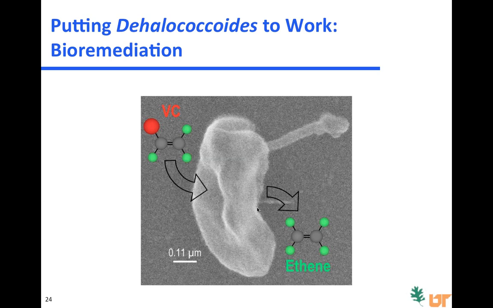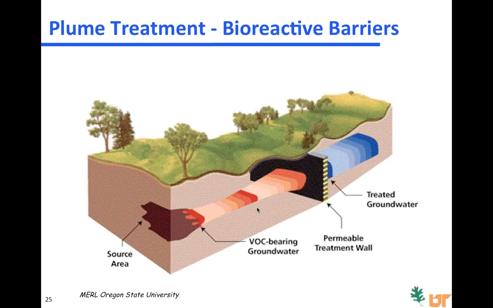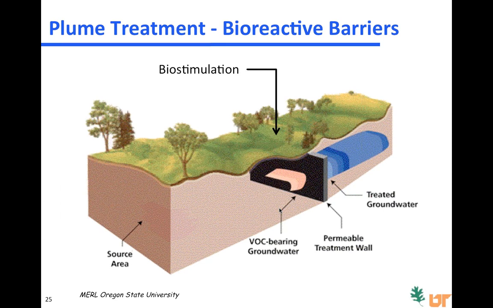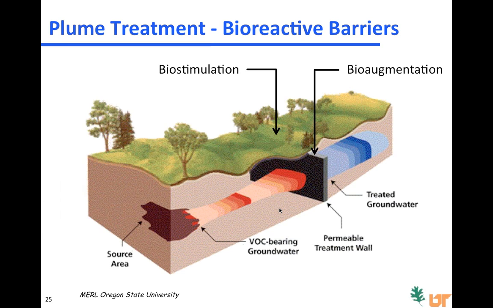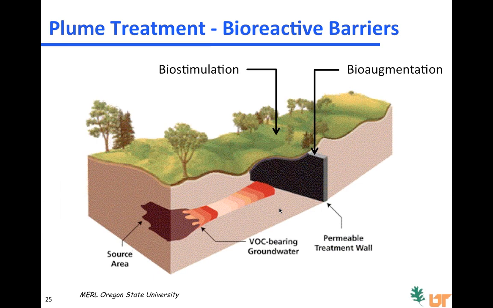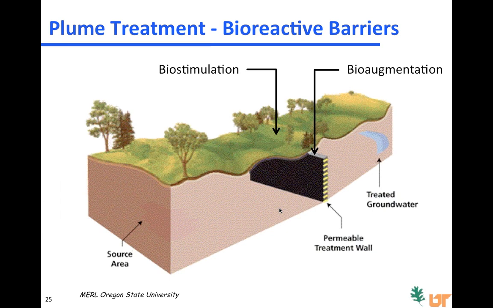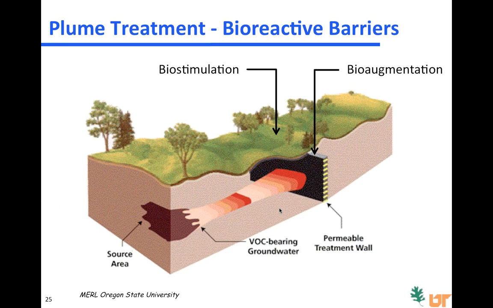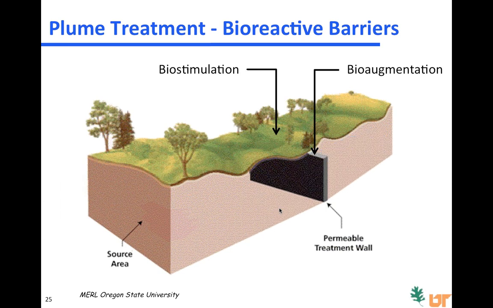And then if you think about putting D-helicocoides to work in bioremediation, a technology that's commonly applied these days, you have your plume, you install your reactive barrier by biostimulating this area or thinking about bioaugmentation. And then you take samples and you can apply the tools I briefly discussed to measure or demonstrate that organisms, catalysts, are present and active that act on vinyl chloride.